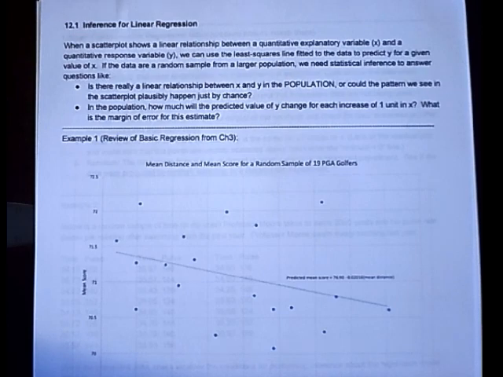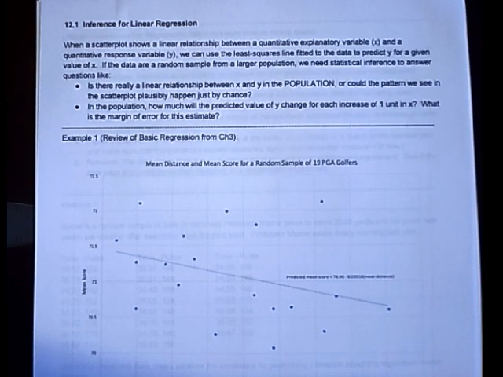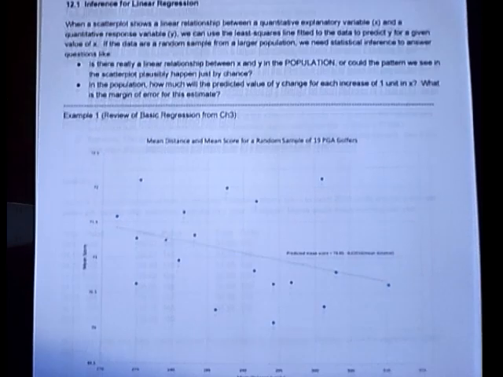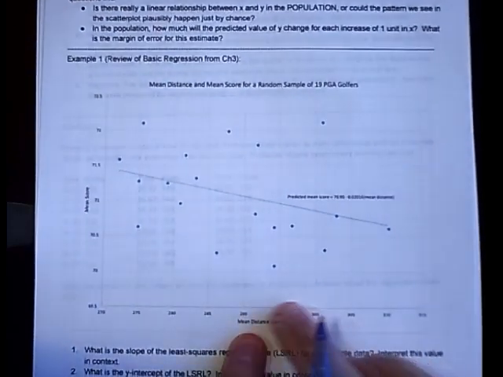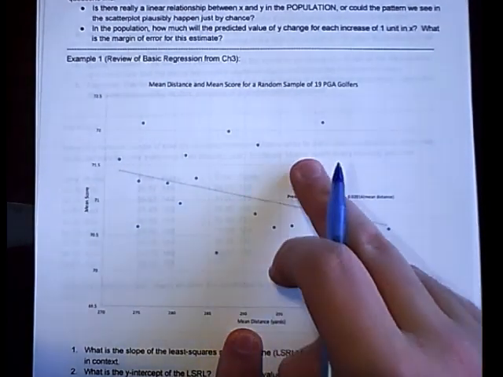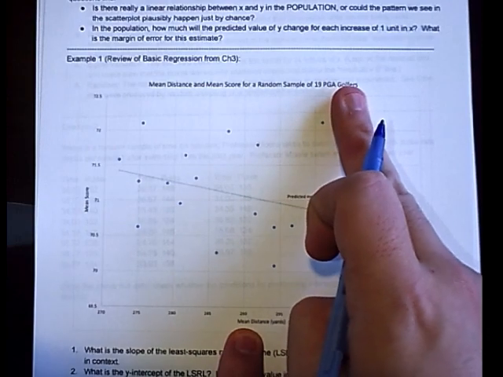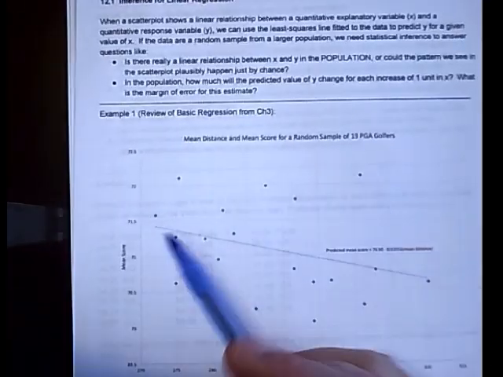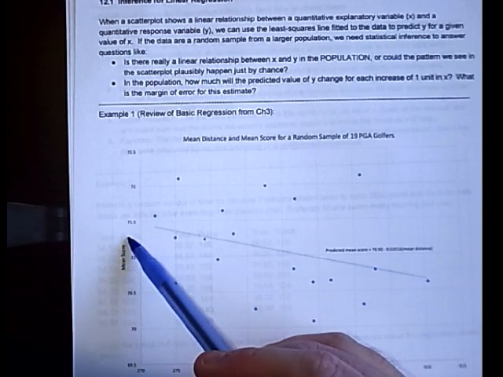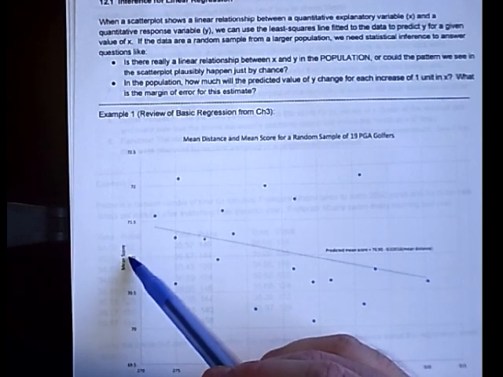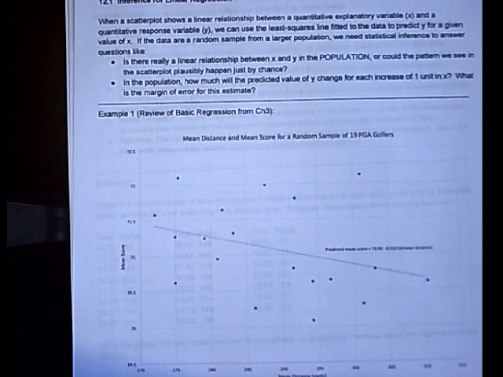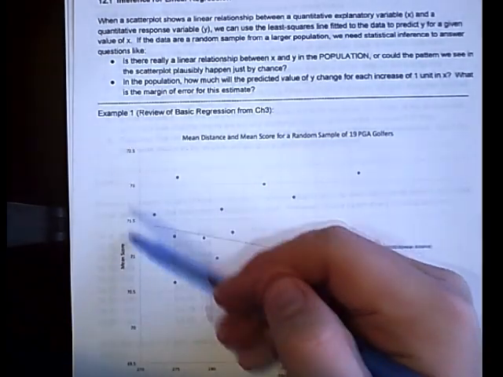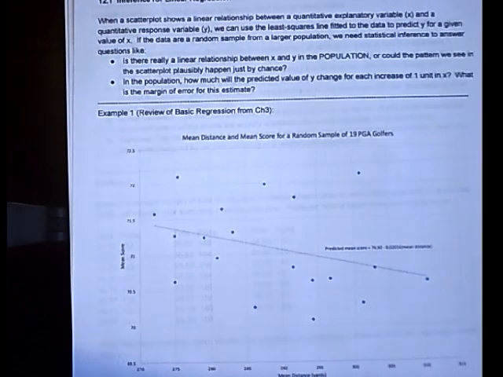When a scatter plot, like the one we have down here, is between a quantitative explanatory variable, x, in this case the mean distance that golfers drive the ball off the tee, and a quantitative response variable, y, which we're calling the mean score of a round of golf, usually par is about 72. So this is quantitative, numerical data that has meaning.